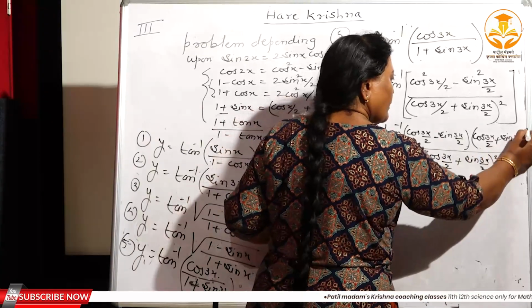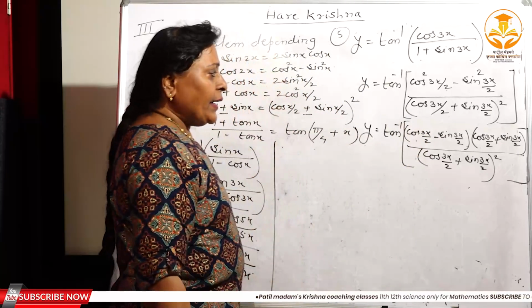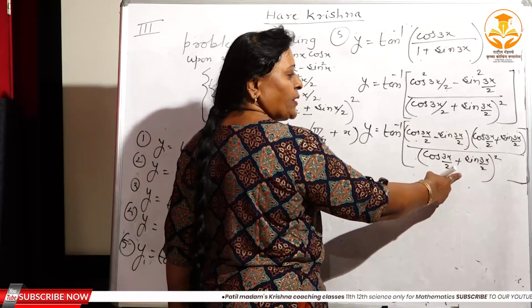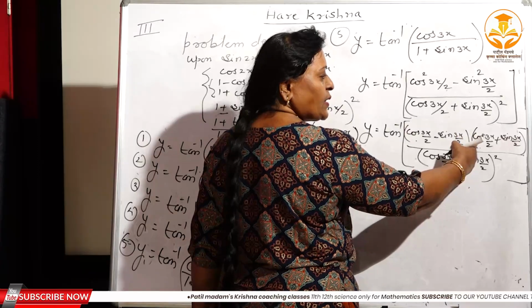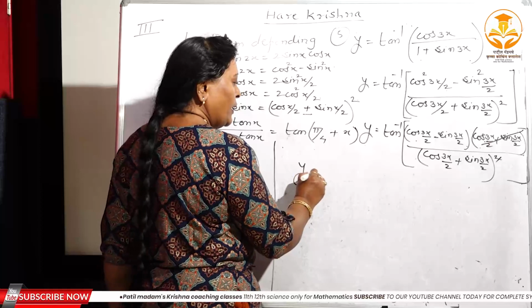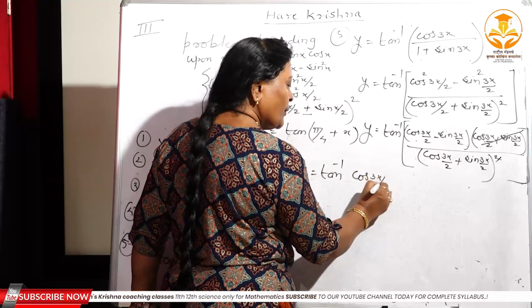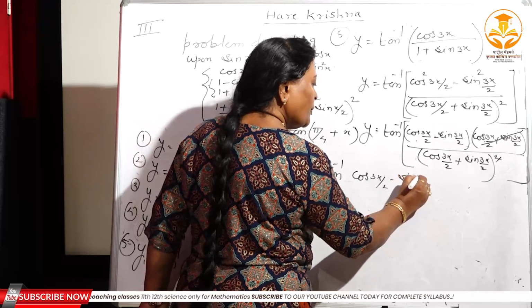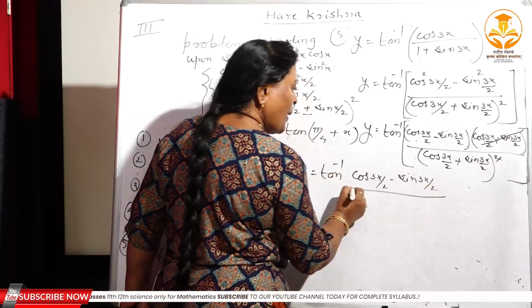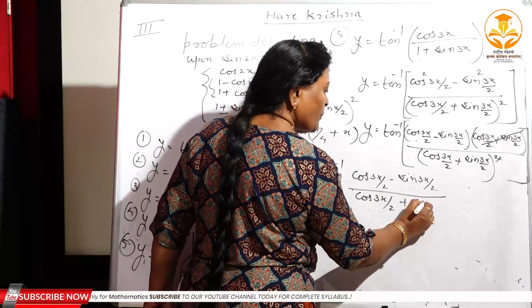Right? Again, bracket. One of the factors gets cancelled, cos 3x by 2 plus sin 3x by 2 whole square, and here cos 3x by 2 plus sin 3x by 2, one bracket gets cancelled. What remains here? Tan inverse of cos 3x by 2 minus sin 3x by 2 divided by cos 3x by 2 plus sin 3x by 2.